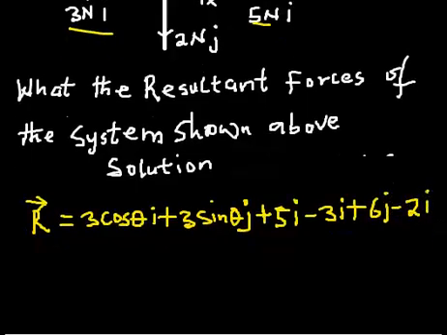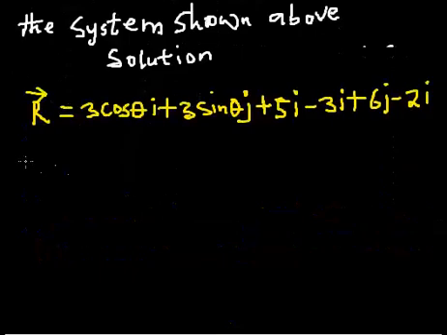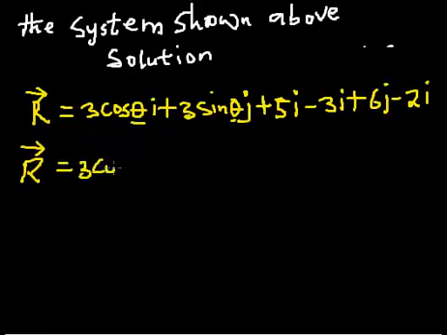You know how we do this. We have to collect like terms together. Of course, this theta here is 30 degrees. So I'm going to have 3 cos 30, all the like terms, plus 5 I, then minus 3. All these components are I components.